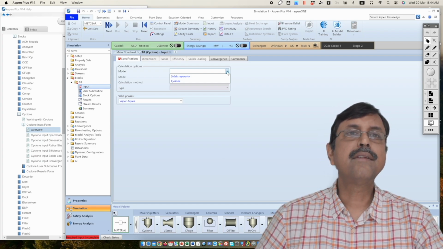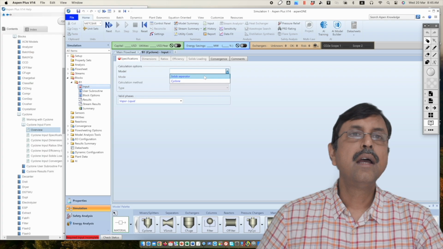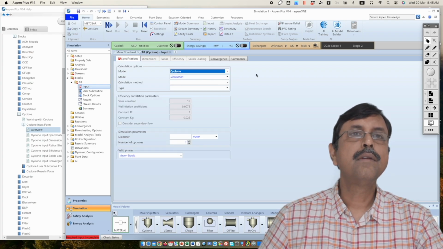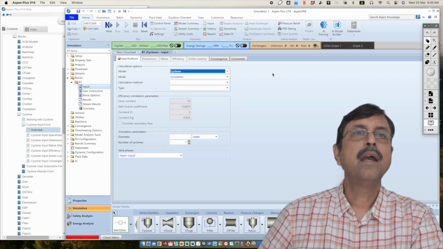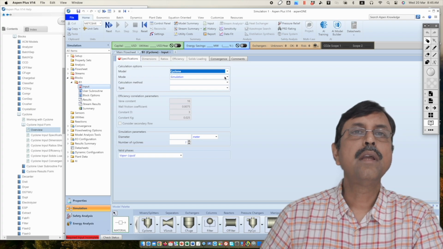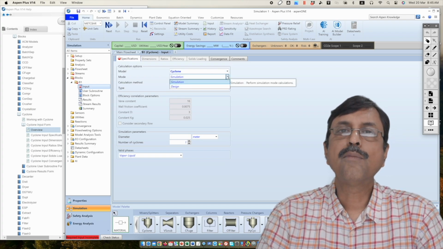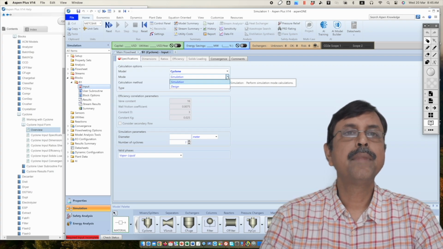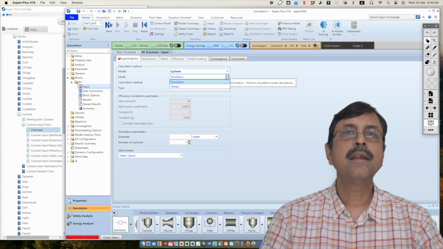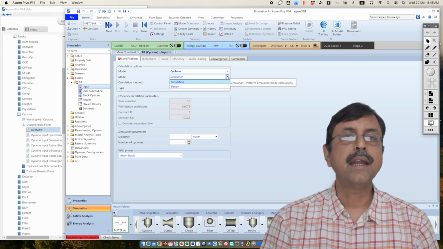Now first let us discuss about the cyclone. Now here in the cyclone mode, you will find two options. One is simulation, another is design. In the simulation option, you give all the data.